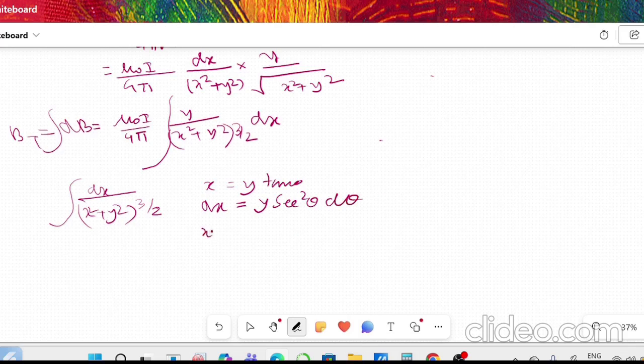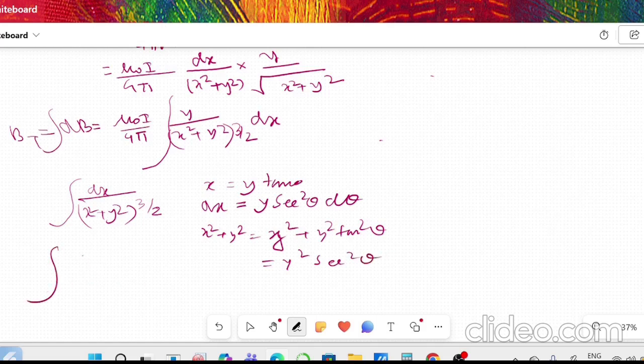And x square plus y square becomes y square tan square theta plus y square, so y square sec square theta. So change this integral: dx becomes y sec square theta d theta, and the denominator will become y cubed sec cubed theta.